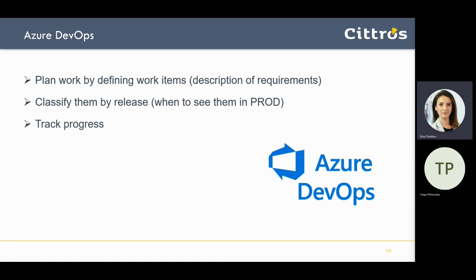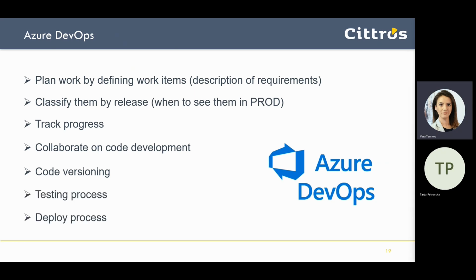Then Azure DevOps has a set of services where the developers can collaborate in code deployment and have code versioning possibilities, as well as services for supporting the testing and the deployment process.